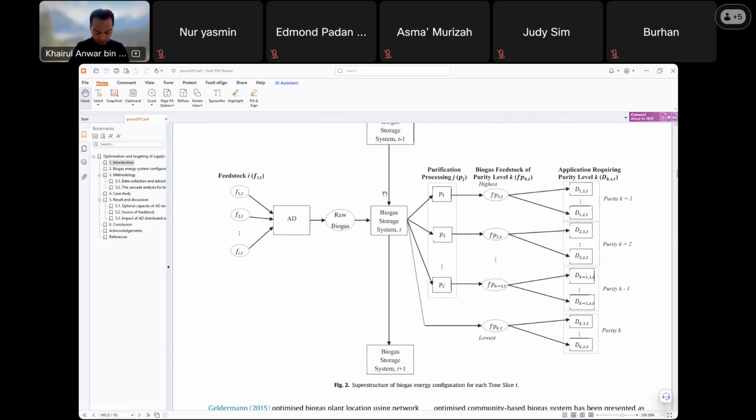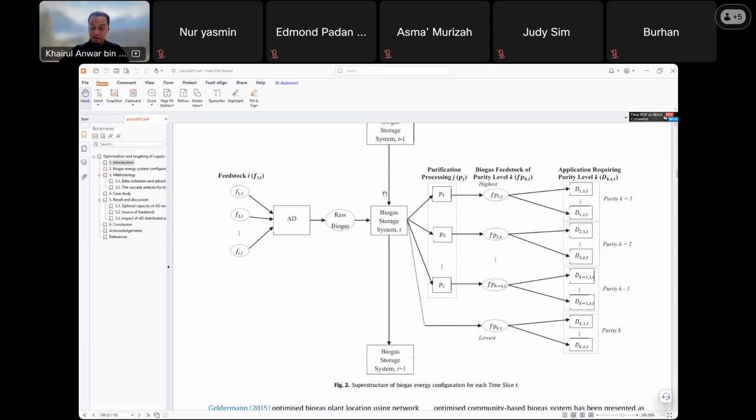There, at each time slice T, there is an inlet biogas stream for biogas production PT and an outlet biogas stream channeled to meet the biogas demand.